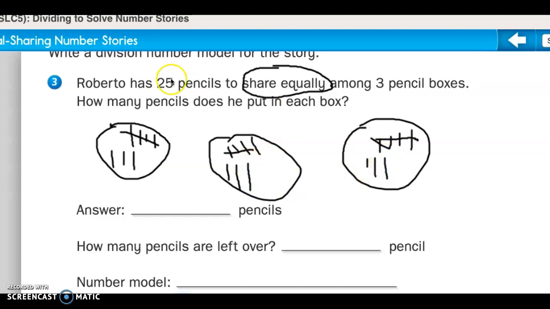Now we're going to try to go to 25. Right now we're at 24. And I only need one more to get to 25, and I have 3, and I couldn't do all 3 of them. I'd go past 25. So I know that that's all I can do equally.